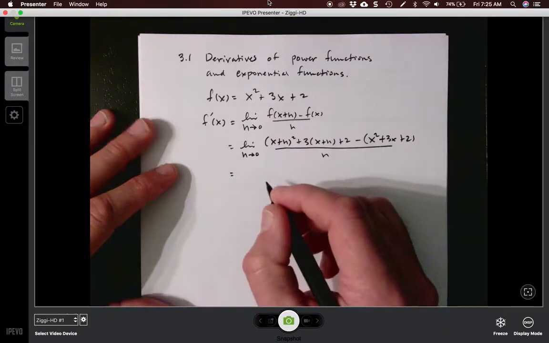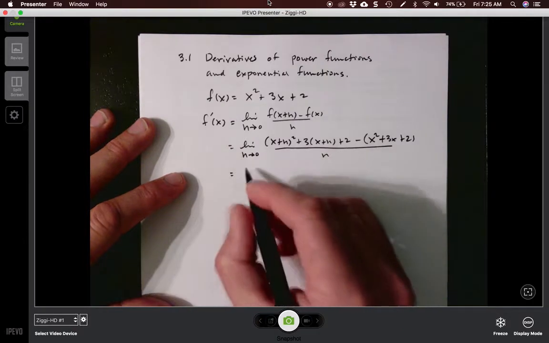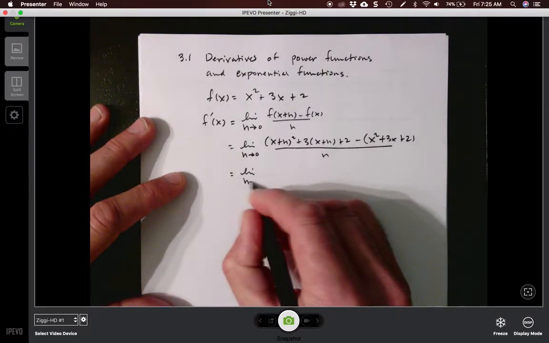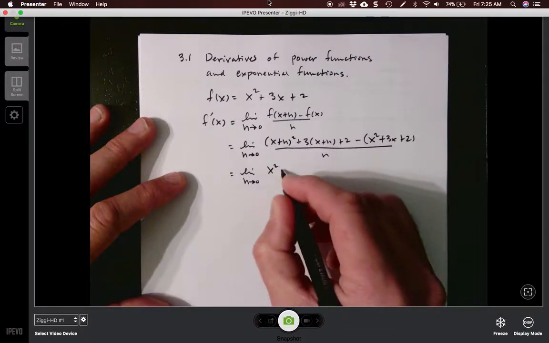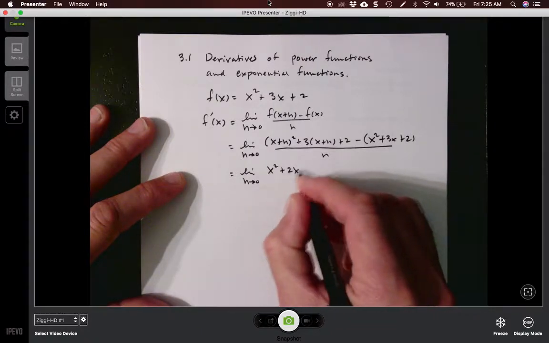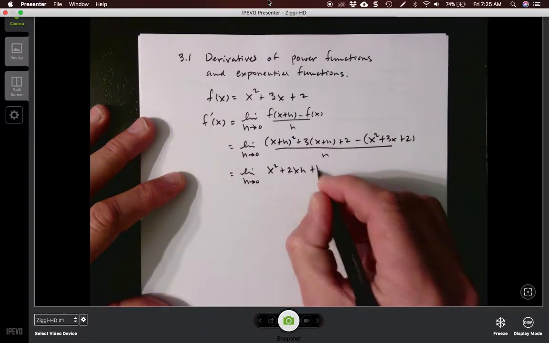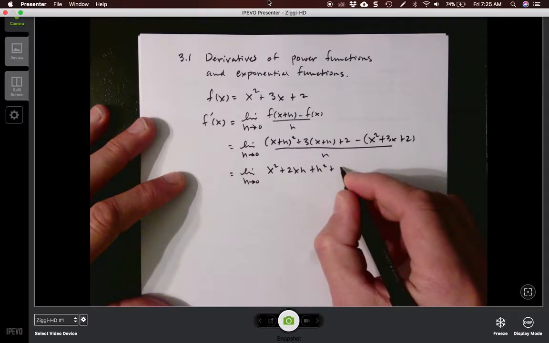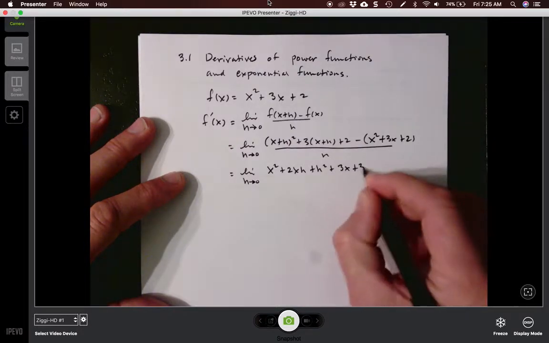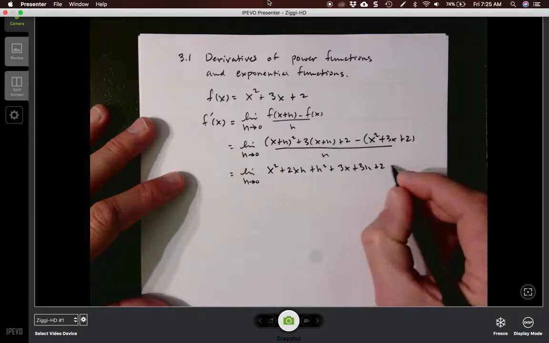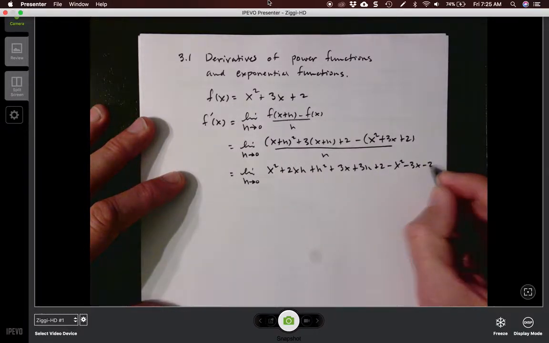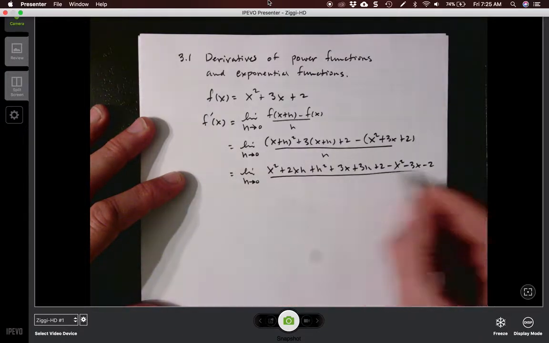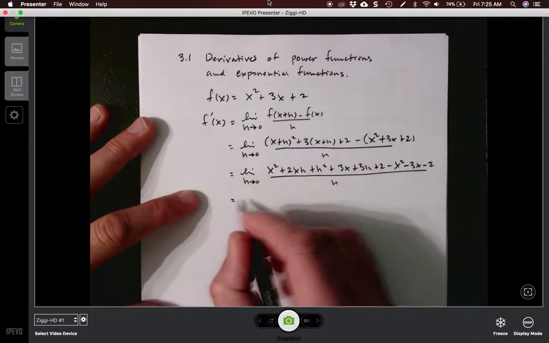And then we've done this several times where we now just simplify the expression. So we get the limit as h goes to 0. Expand this, and you get x squared plus 2xh plus h squared, plus 3x plus 3h plus 2, minus x squared minus 3x minus 2, and then all of that divided by h.